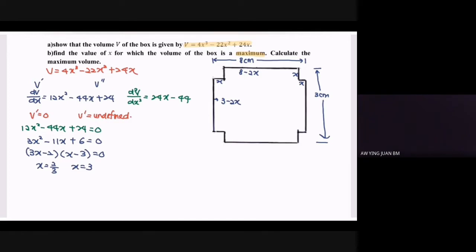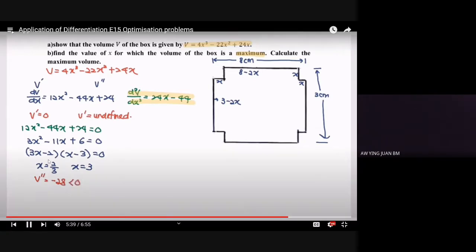Next, we have to verify using the second derivative. Kindly substitute x equals 2 over 3 in the second derivative. So we will have V double prime equals negative 28, which is less than 0, so it is the maximum value when x equals 2 over 3.